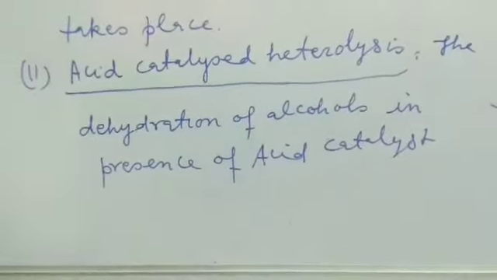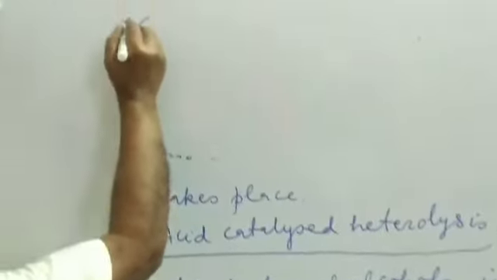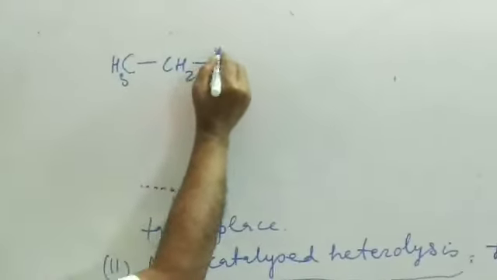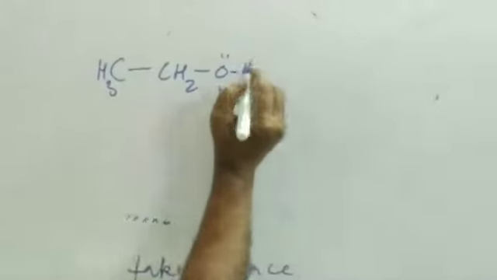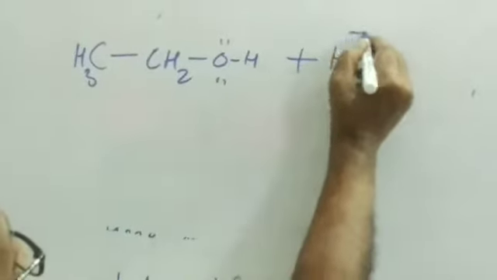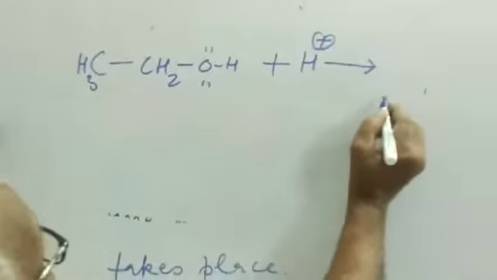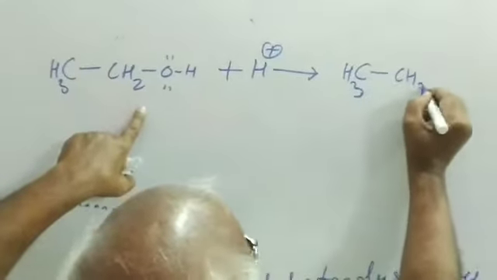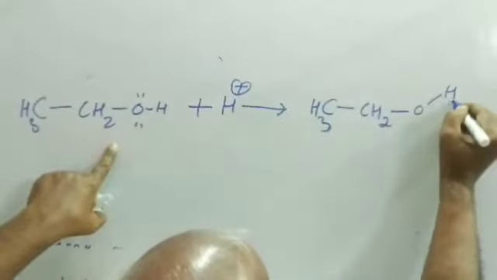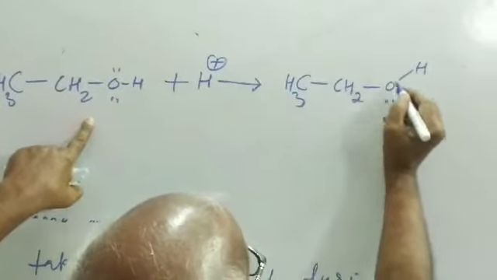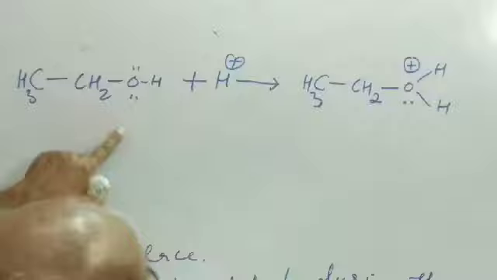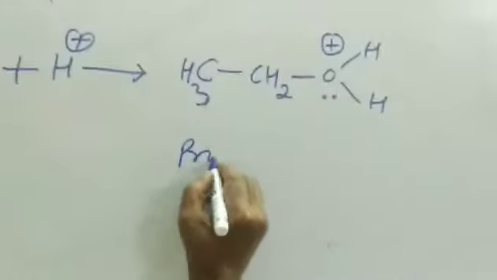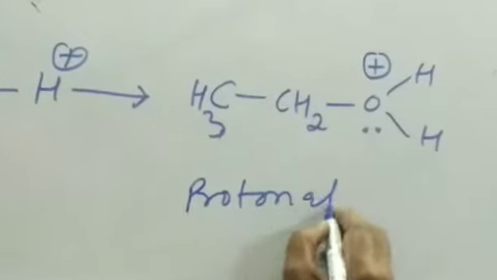See with formula. Say it is CH3CH2OH. This is the acid catalyst. Protonation takes place. This is protonated ethyl alcohol or protonated ethanol.